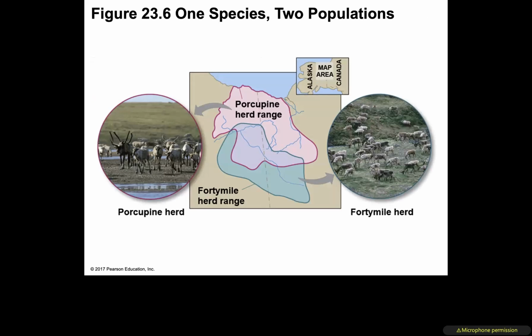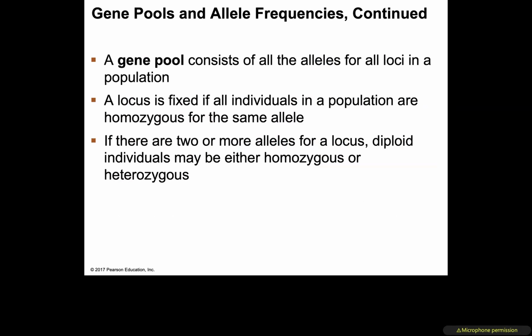But you might have something that doesn't have fuzzy antlers. Well, then it's not fixed in the population. So if there are two or more alleles for a locus, locus is the location in which that allele is found, diploid individuals may either be homozygous or they might be heterozygous.